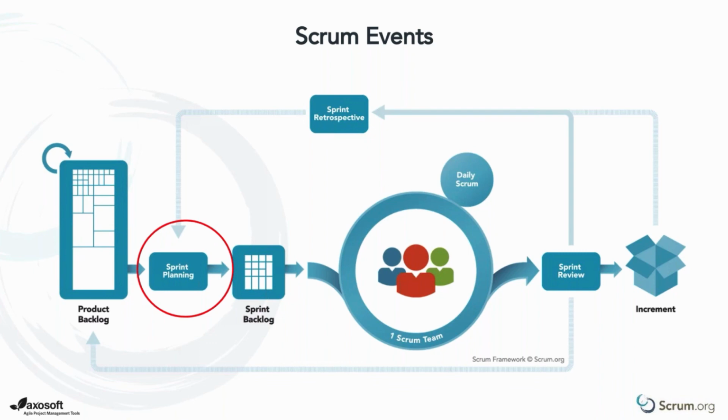Sprint planning is a meeting where we get together with the Scrum team to look at what's in the backlog. The product owner creates their goal for the sprint. And as a Scrum team and development team, we pull items into that sprint backlog that we plan to work on during the sprint.